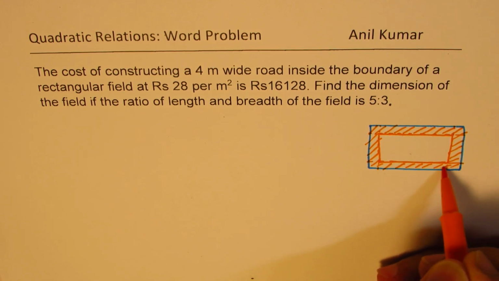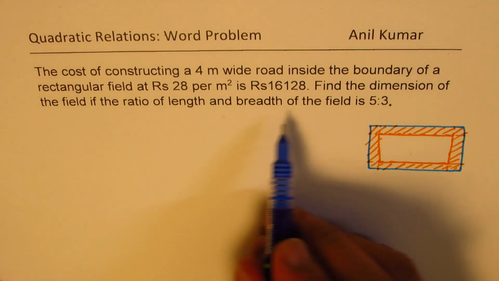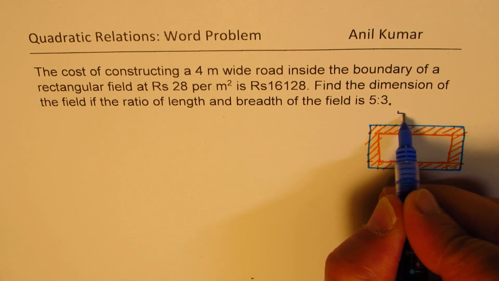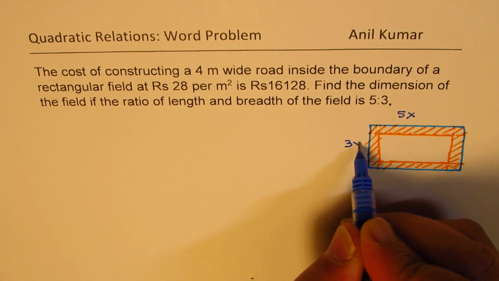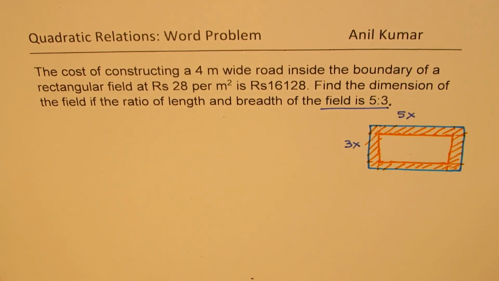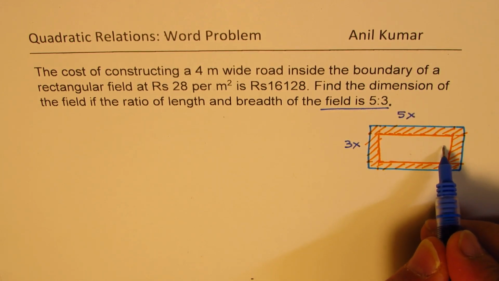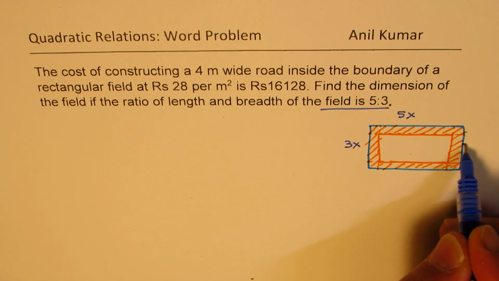Is that clear? Now what we are given here is that the ratio of this is 5:3. That really means that if this length is 5x, then that should be 3x. So that makes the ratio 5:3. Now we are also given that this width here is 4, right?